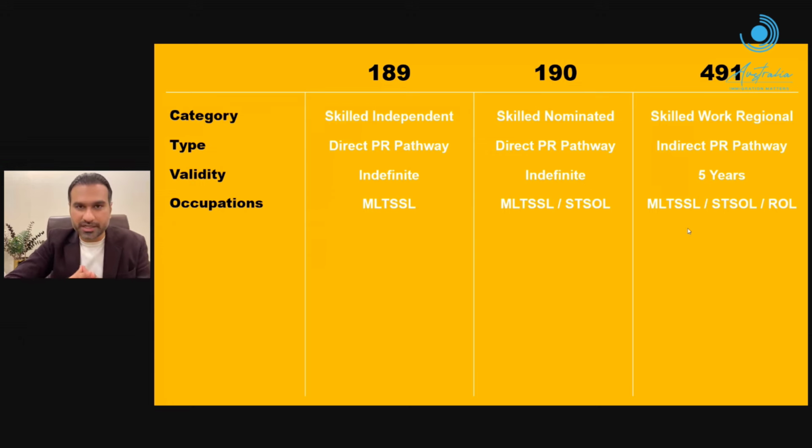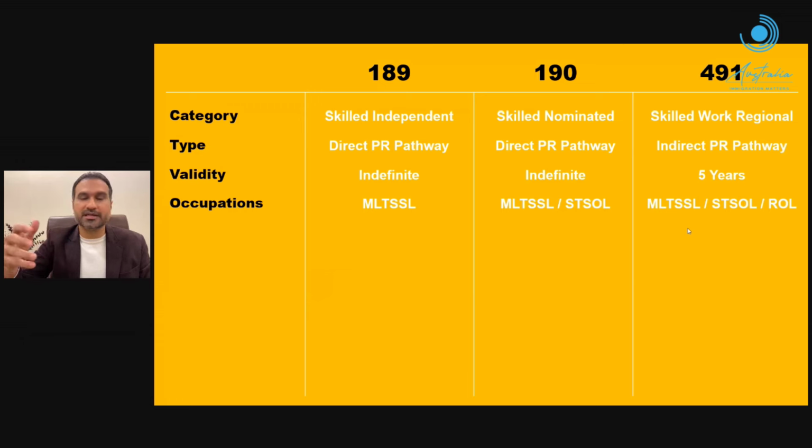When we talk about 491, your occupation can be from any of the three occupation lists, that is MLTSSL, STSOL, or SROL. But there is one important thing for you to understand: in the case of 190 and 491, the state's own skilled occupation list, the shortlisted list of occupations, also needs to be followed.